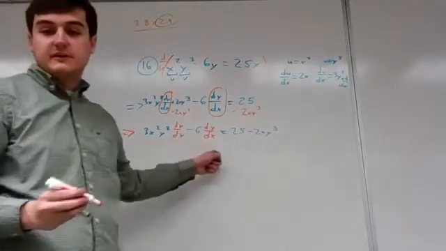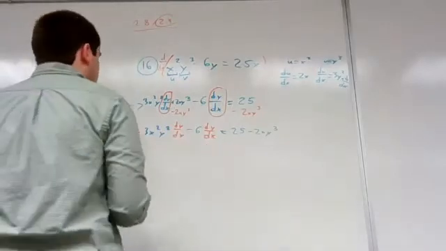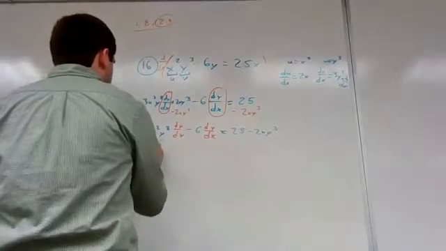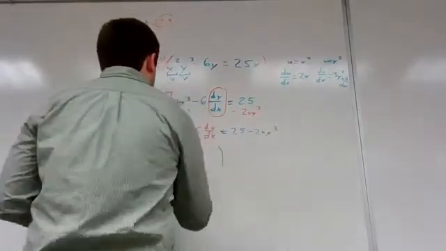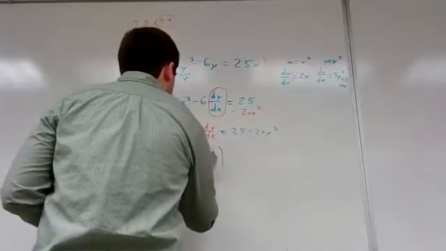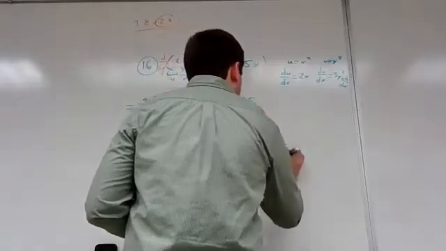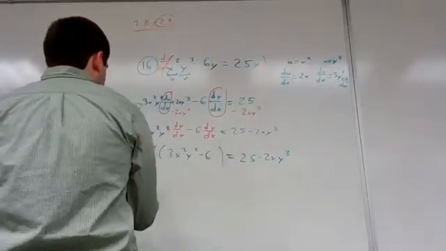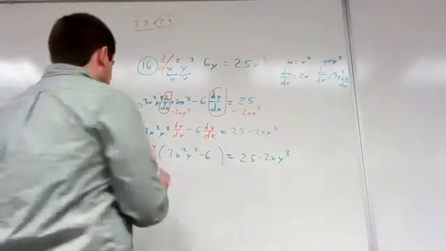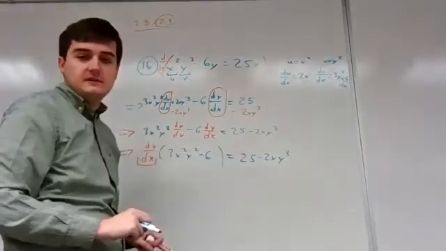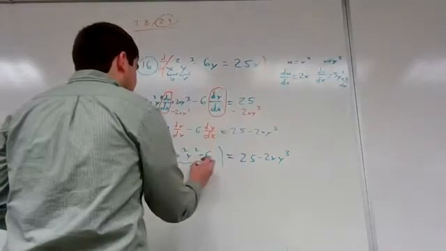These both have a dy over dx in common, so I'm going to take that and pluck it out on the side. So this is going to give me dy over dx times 3x squared y squared minus 6 left over, and this is equal to 25 minus 2xy cubed. And then, just like the other problem, I want to get dy over dx by itself. So I need to get rid of everything that isn't dy over dx, which is this term.